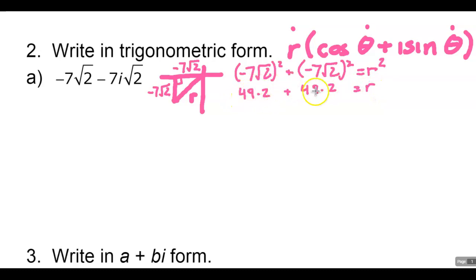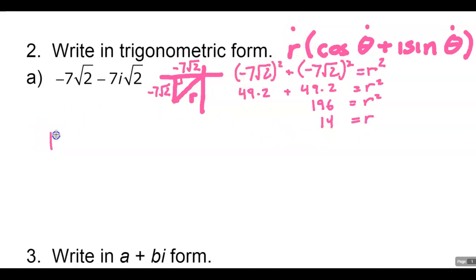So this is 98, 98, which means we have 196 when you add those up. The square root of 196 is 14. Square root both sides.